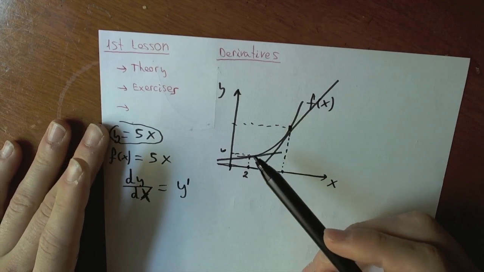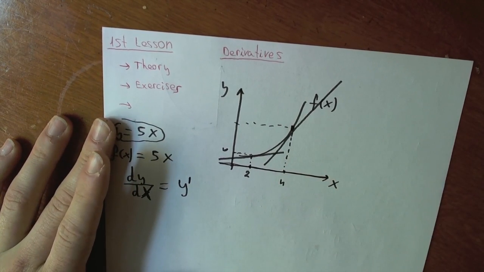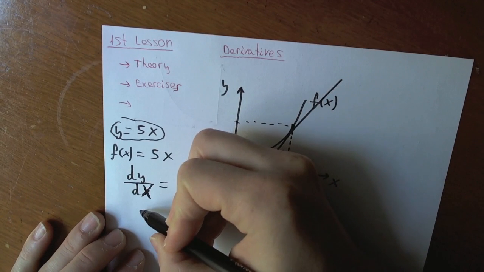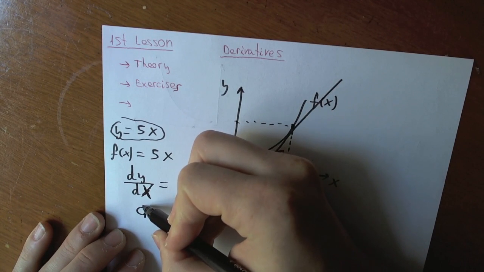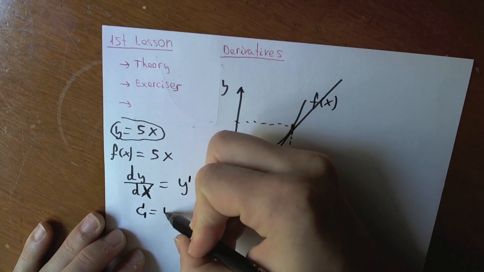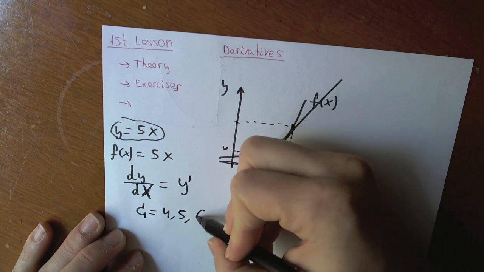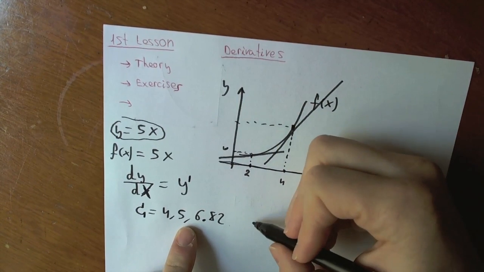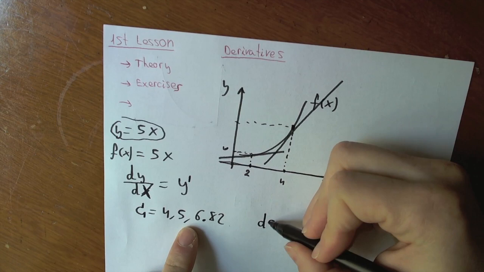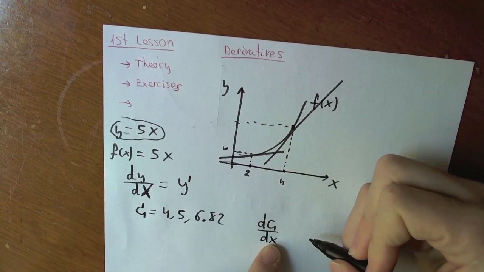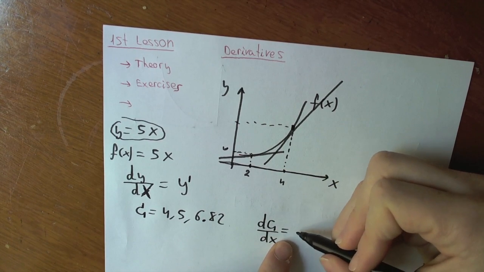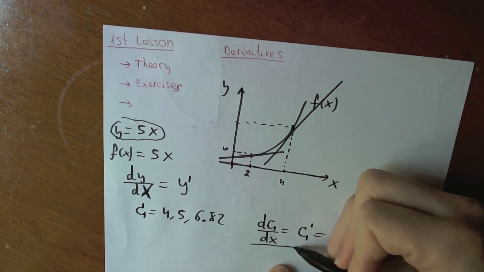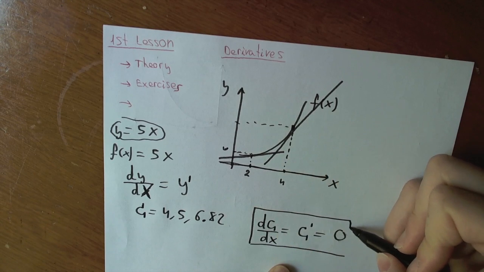The first and very important thing is that if we have any constant, for example, I will write it with a c, any constant might be any number, 4, 5 or 6.82, the derivative, I could write it as the derivative of c with respect to x, or just c prime, is always 0. This is very important. The derivative of a constant is always 0.